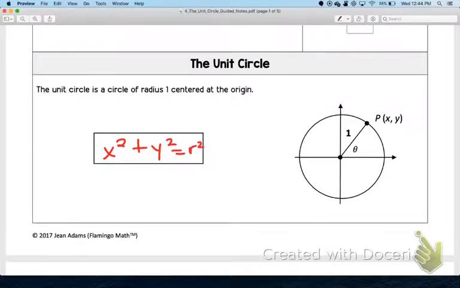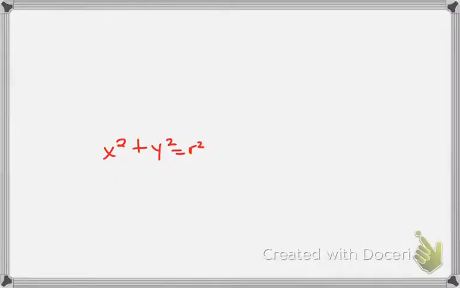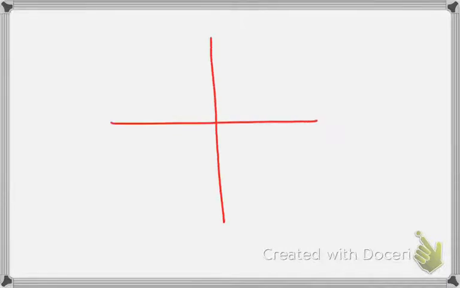Now I'm going to deviate away from your notes for a second, just kind of do a bit of a demonstration. You can either throw this in your notes or just watch. If we talk about a circle on a coordinate plane with its center at the origin and a radius of 1 all the way around, let's see how good of a job I make making a circle.